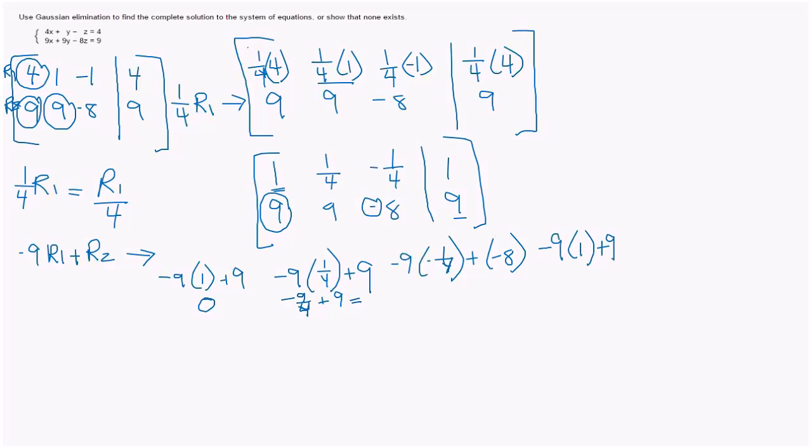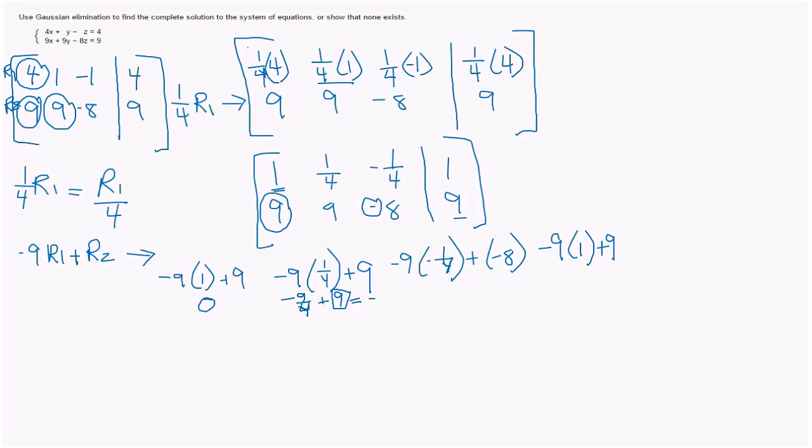So I need to take my positive 9 and make it over 4 so that I can add the two fractions together. So to do that, I'm going to say, okay, 9 times 4 is going to be 36. So 36/4 is equivalent to 9, because 36 divided by 4 is equal to 9.